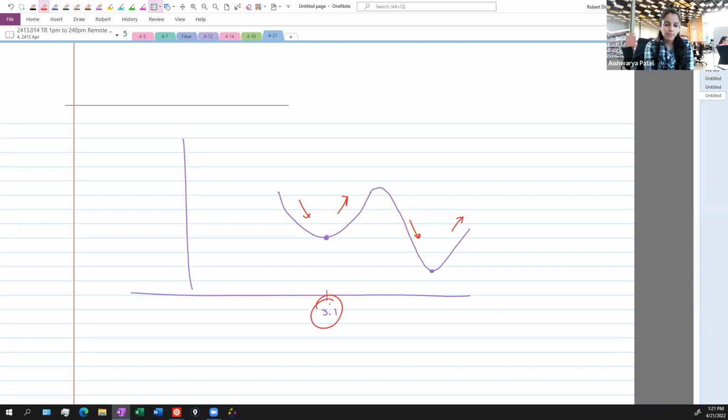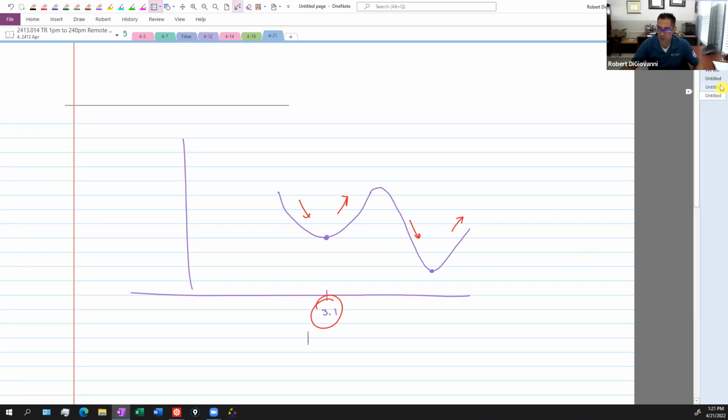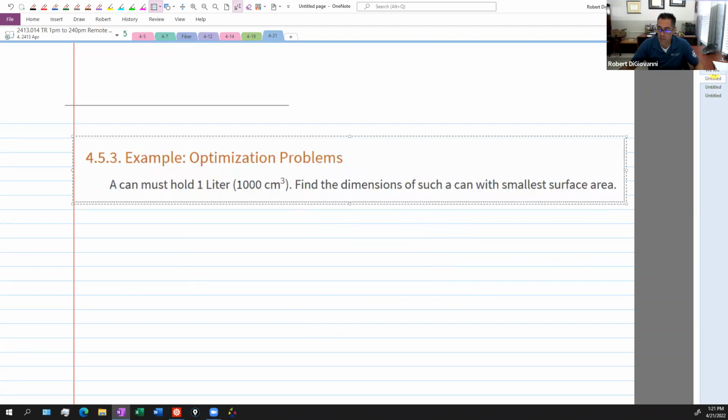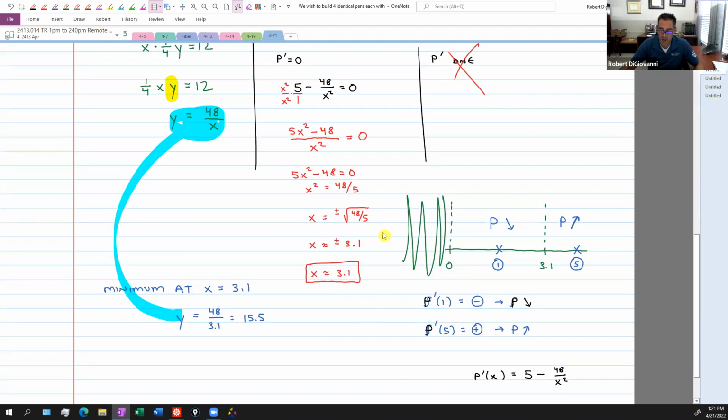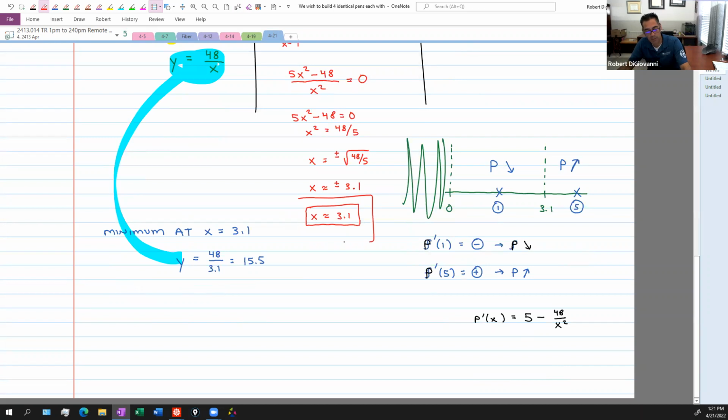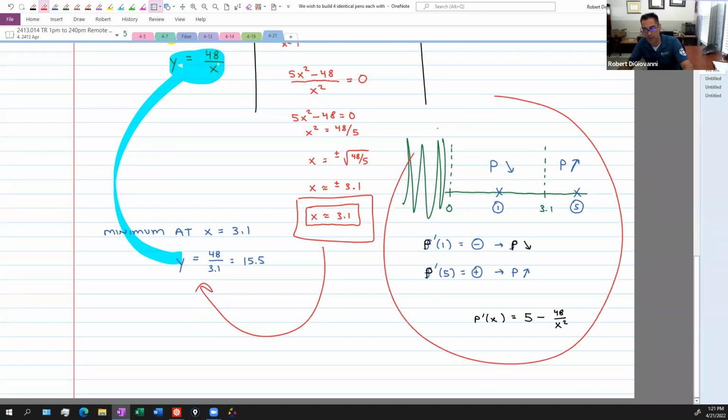Okay. What would be incorrect, and I think I warned you all about this, is on a test, if you find the critical number and you say, oh, that's a minimum, and you don't do any of this, that would be wrong.